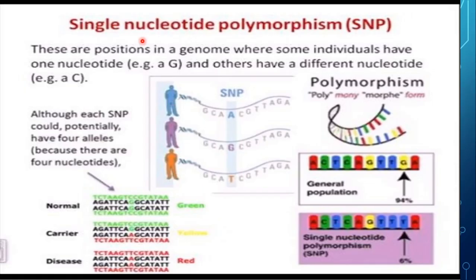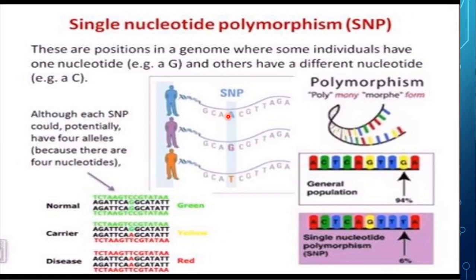Throwing a little more light on single nucleotide polymorphism, SNPs. These are positions in a genome where some individuals have one nucleotide, for example guanine, and others have a different nucleotide, for example cytosine. Here you can see three people shown. All the base sequences are the same except this location.